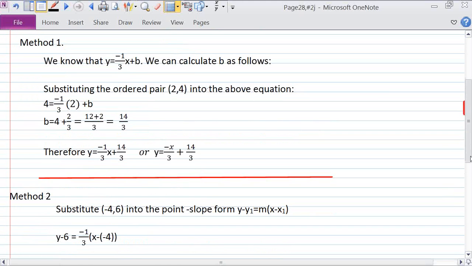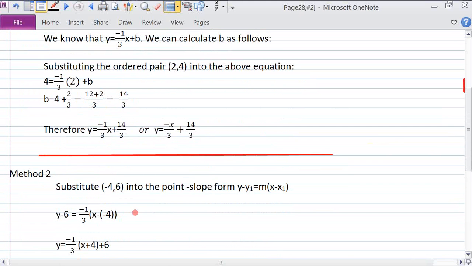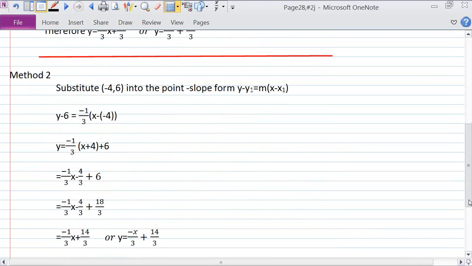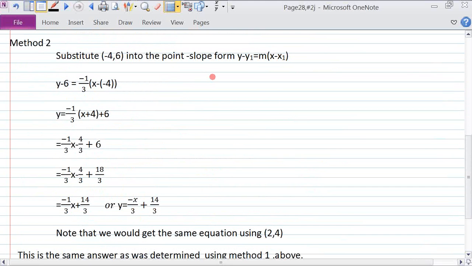Now, another method that we could use is to take one of the points and put it into the point-slope form. When we do that, we've got y1 is 6 and x1 is minus 4.